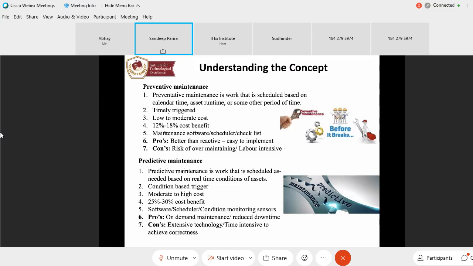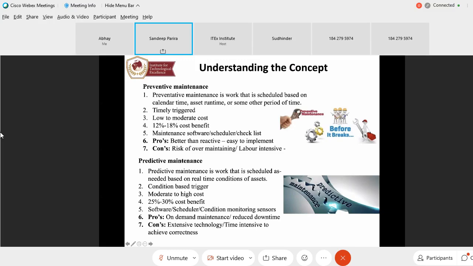This is based on some publications on preventive and predictive maintenance, and on our own analysis with customers. Whereas for predictive maintenance, the cost benefit can go up to 25 to 30%.